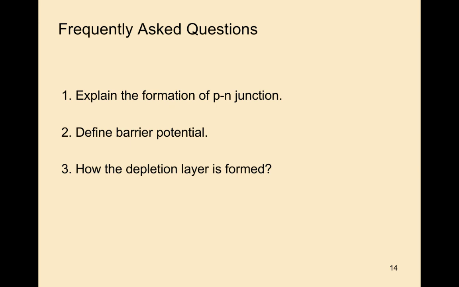After generating this potential barrier, the diffusion of holes and electrons towards the junction stops. The holes and electrons are depleted towards the junction. That means a depletion region will be formed.